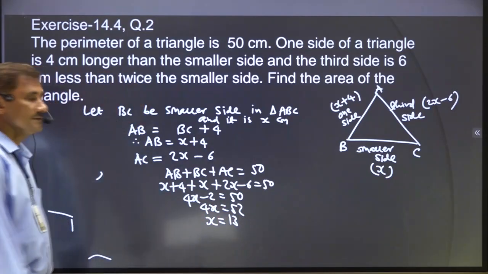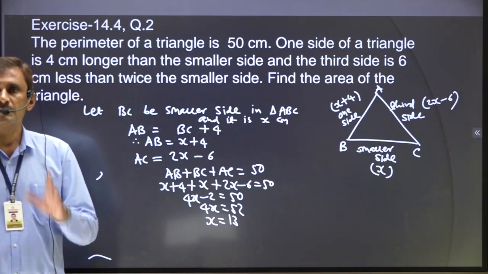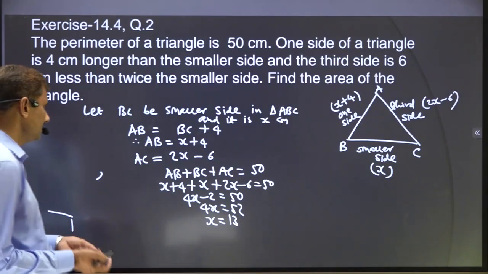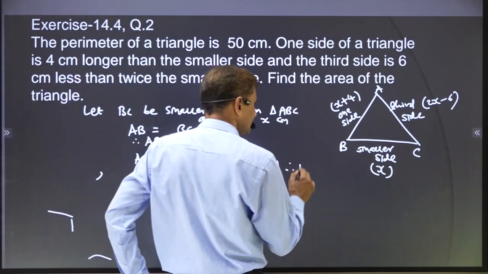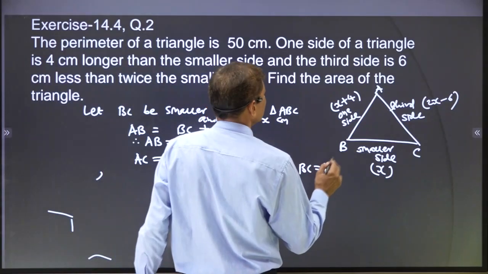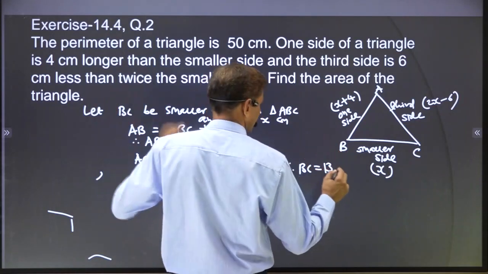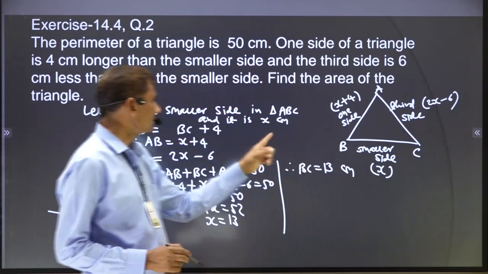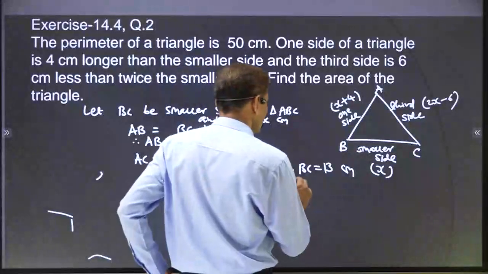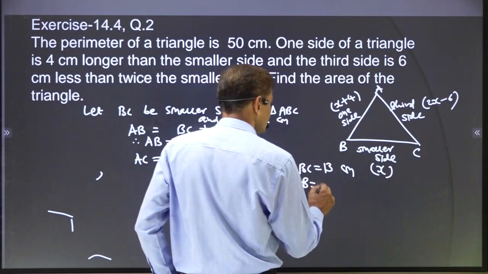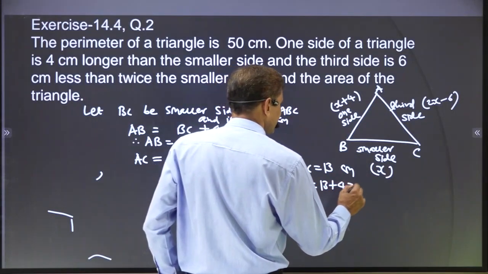So we got x, means we got everything: AB, BC, AC, all. So now I am writing here, therefore BC equal to 13 centimeter. We got one side because we supposed x for BC only. Now look here, AB equal to x plus 4, means 13 plus 4, 17 centimeter.